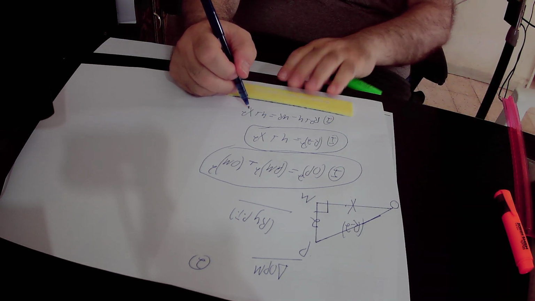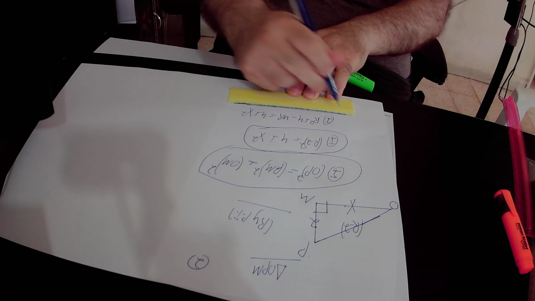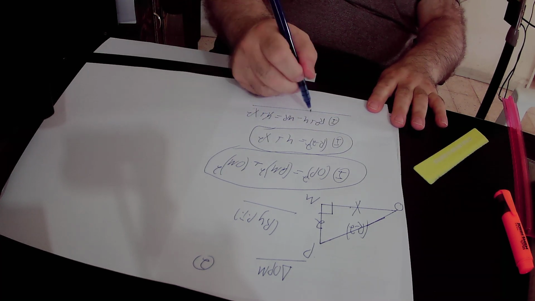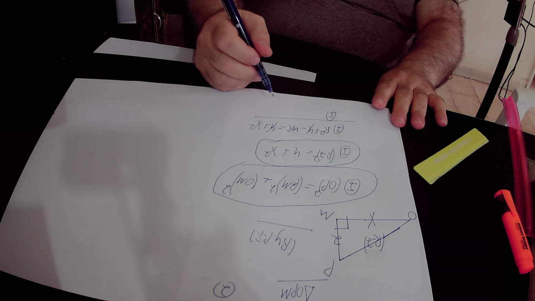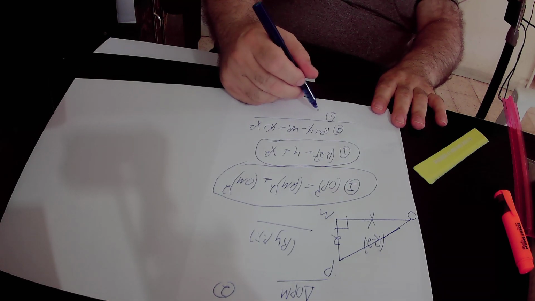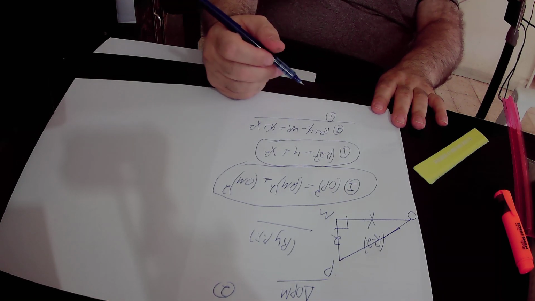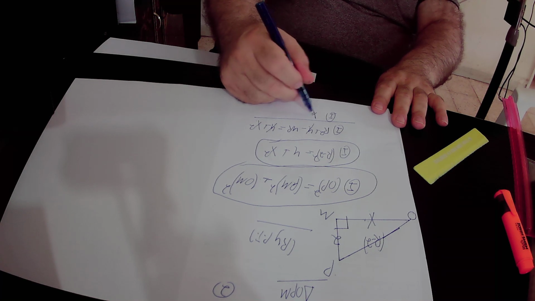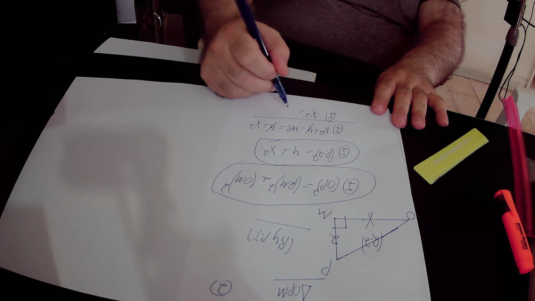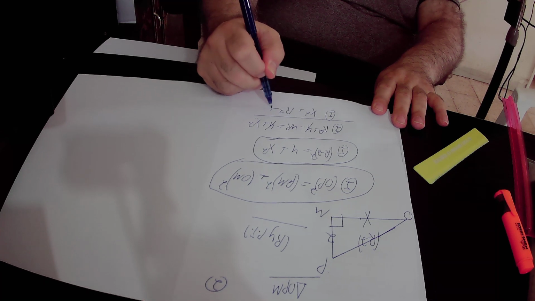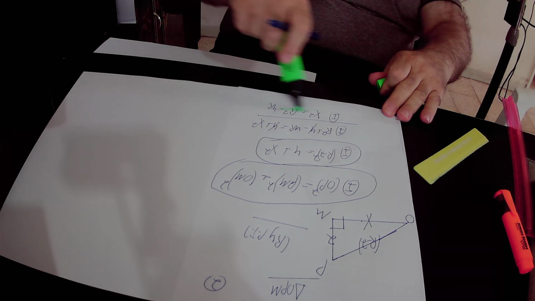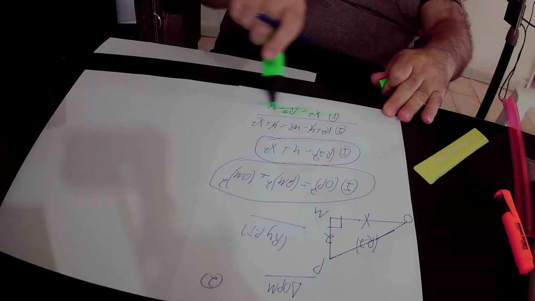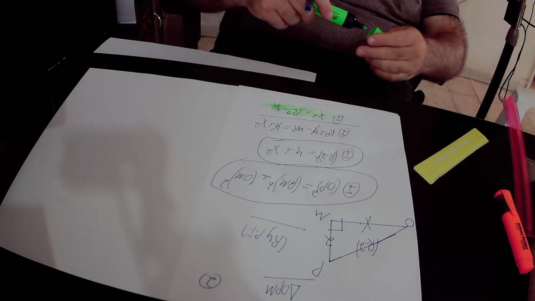In equation number 1, we have 4 on both sides of the equation, so 4 will get cancelled. What is left from equation number 1 after we cancelled 4? We have X squared equals R squared minus 4R. I repeat, according to equation number 1, X squared equals R squared minus 4R.